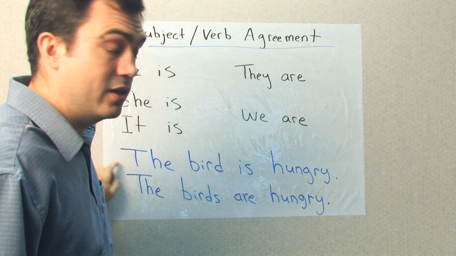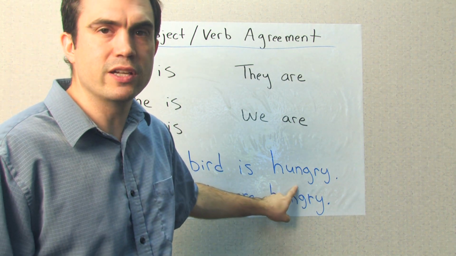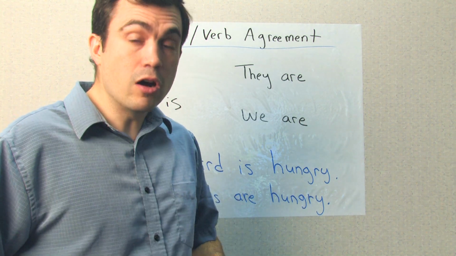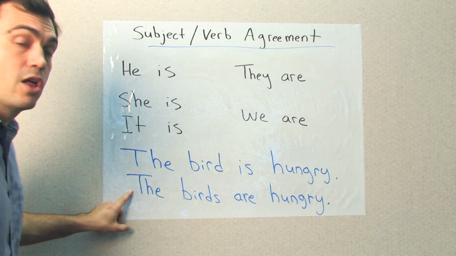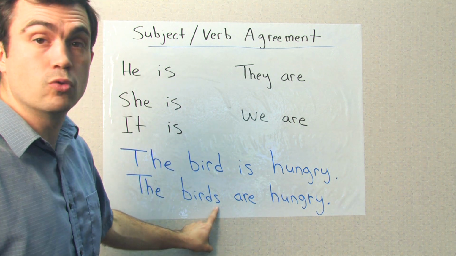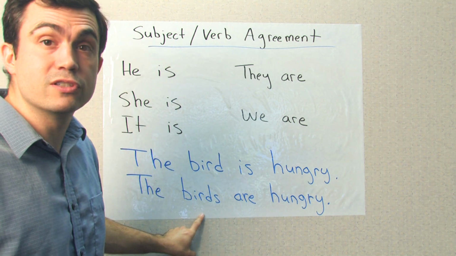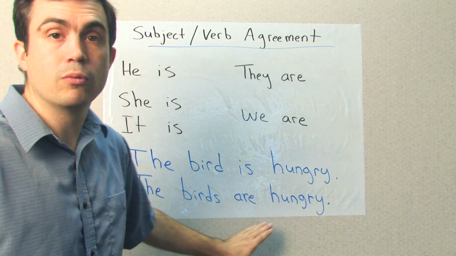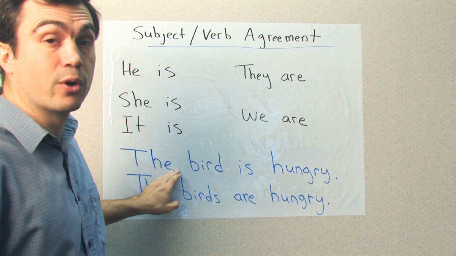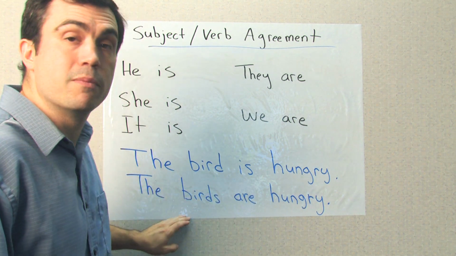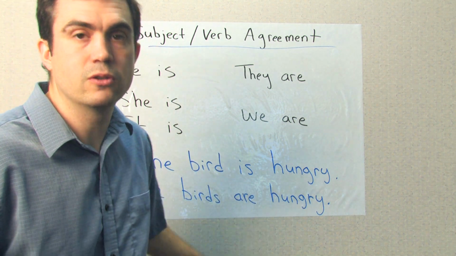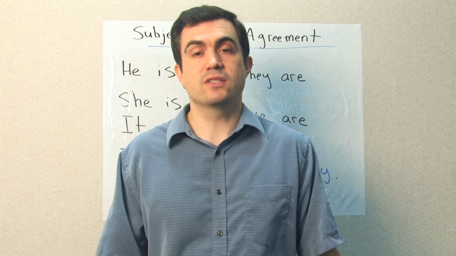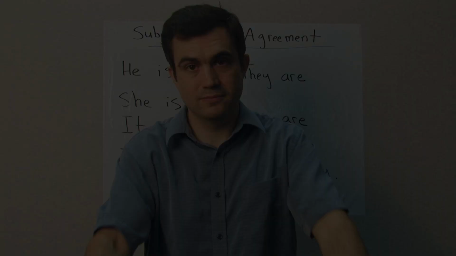The bird is hungry. Not angry, hungry. The birds, plural. The birds are hungry. Plural, plural. The bird is, the birds are. Okay? In these cases also, of course, we have subject-verb agreement.